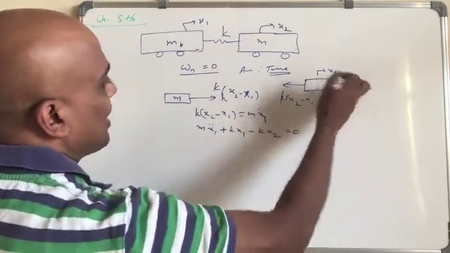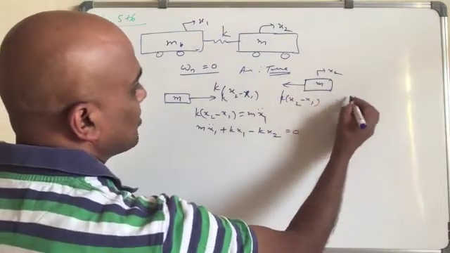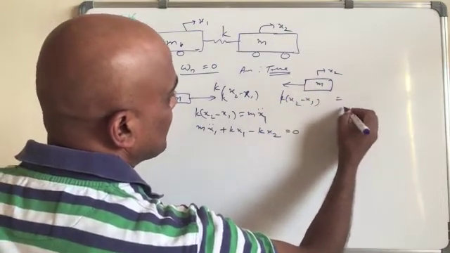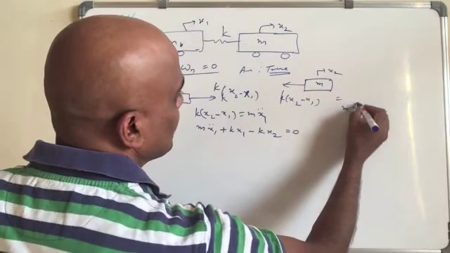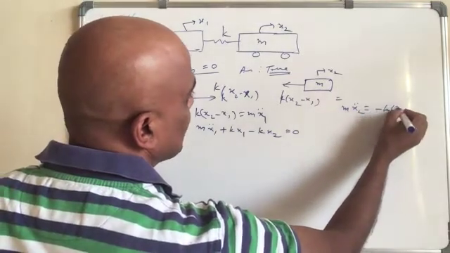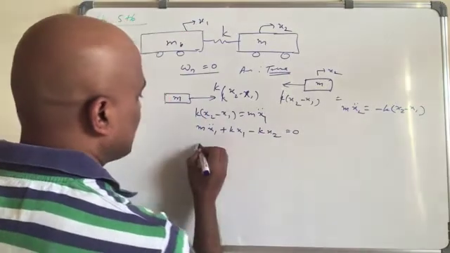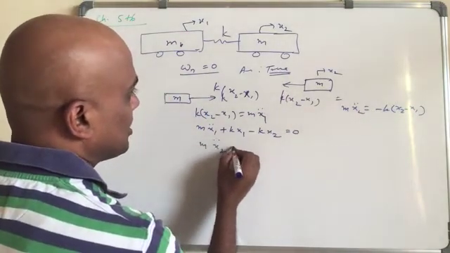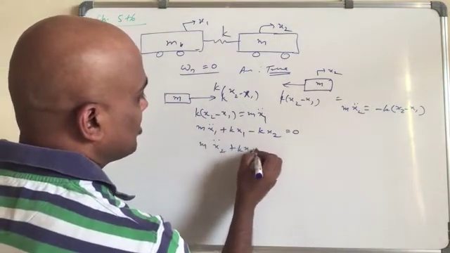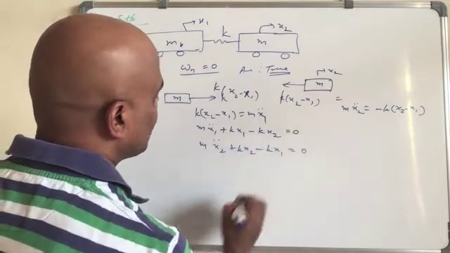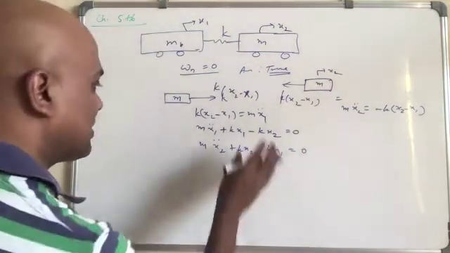This is m, so the equation will be m x2 double dot equal to minus k times x2 minus x1. Hence you get the second equation: m x2 double dot plus k x2 minus k x1 equal to 0.